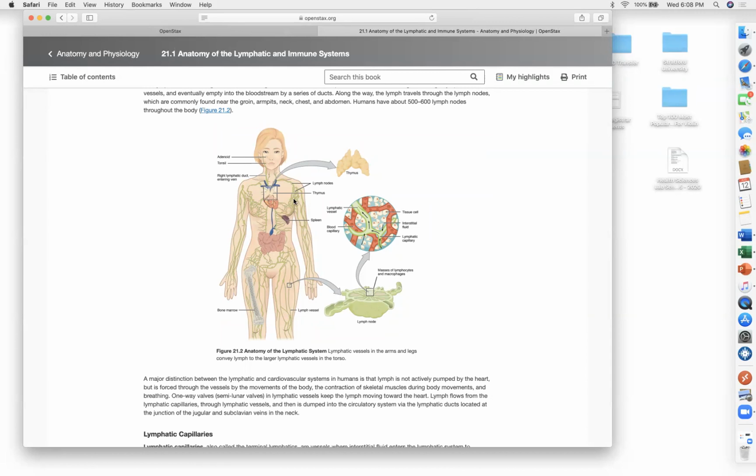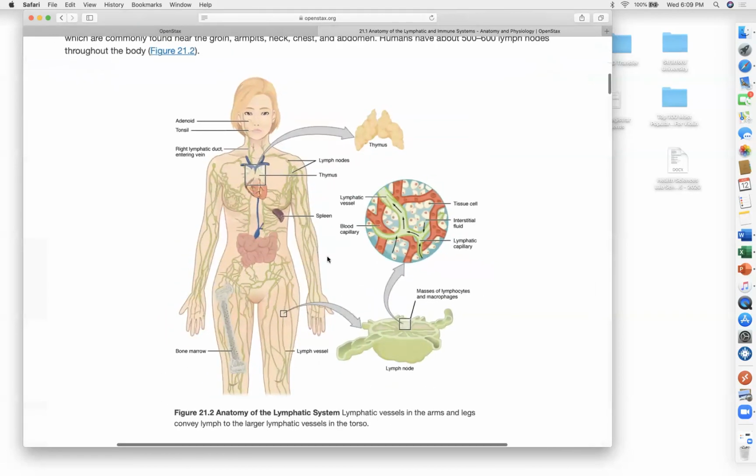Now, many times the lymphatic system, usually colored in green, as you can see here, a little big, right? We usually talk about the lymphatic system with respect to the cardiovascular system, because one of its functions is to provide extra fluid to our cardiovascular system.